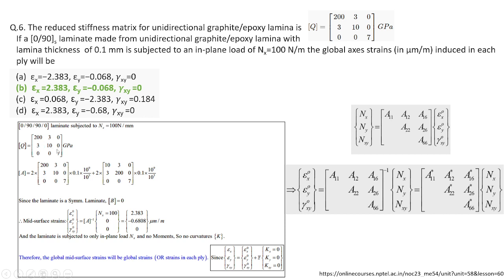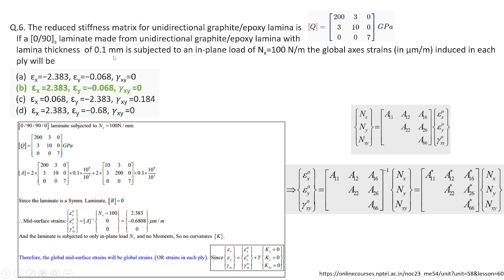We are given the Q value, and we have to first find the A matrix. To find the A matrix of the whole laminate, we know there are 2 laminas of 0 degree and 2 of 90. So we take this Q as, suppose, for 90, and there are 2 of them, so 2 into the thickness.